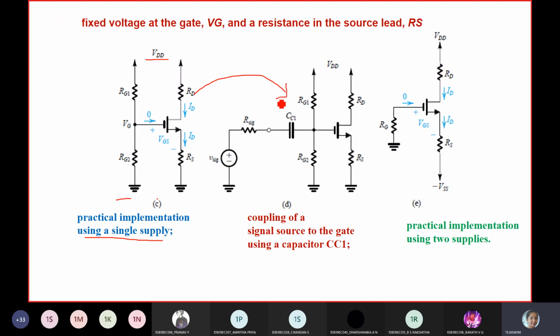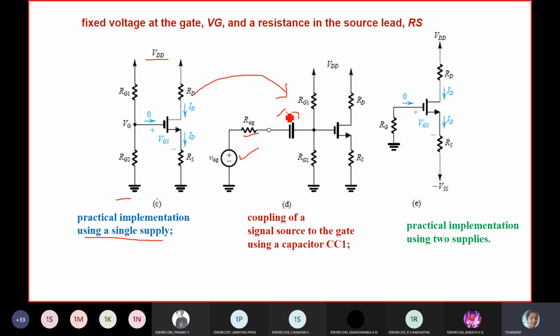And this is the same circuit. What are the differences you observed from figure C and figure D? What extra thing is there? Voltage source and a resistor, capacitor. Okay, voltage source, signal resistance, capacitor.